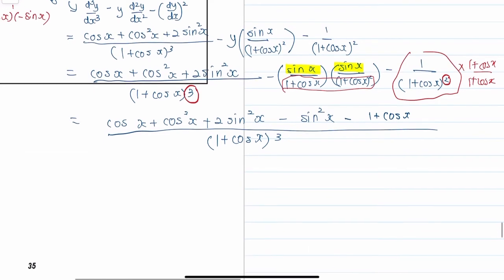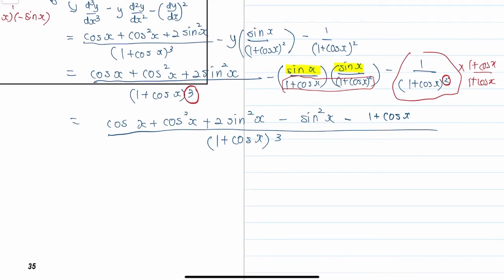Okay, so yang mana boleh potong. Okay, this one negatif kan. Ni bracket lah. So, cos X minus cos X habis. So, lagi tinggal cos squared X, 2 sin squared minus sin X. So, plus sin squared X minus 1 over 1 plus cos X cube.